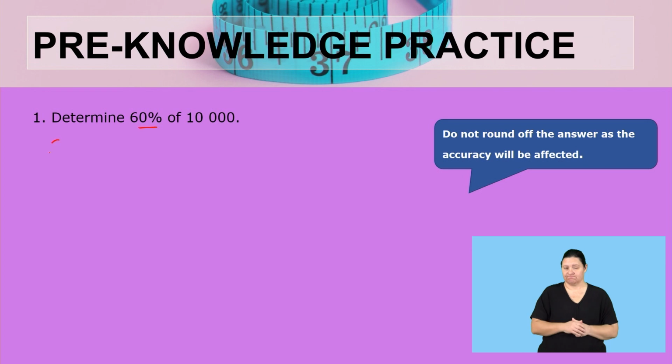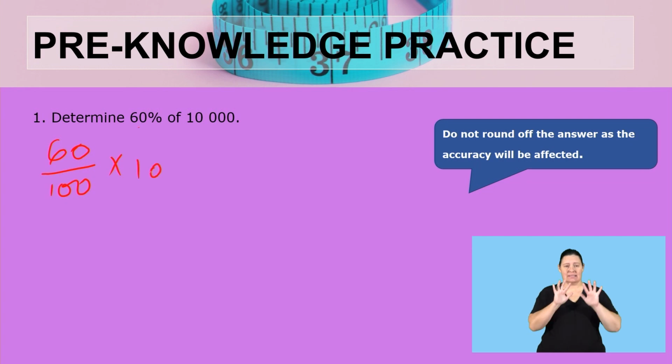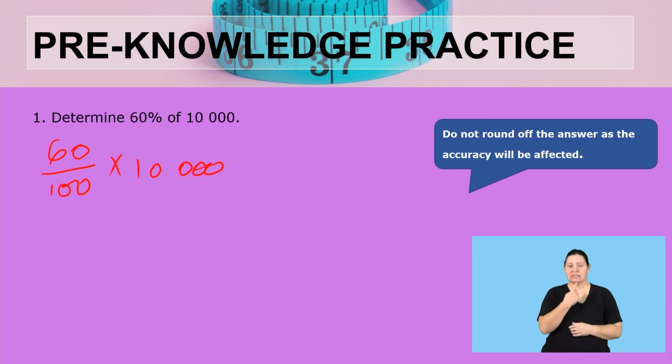Then we will have 60 divided by 100, and we multiply this by 1,000. So can we press the calculator together and get the answer together? 60 divided by 100, we multiply by 1,000.